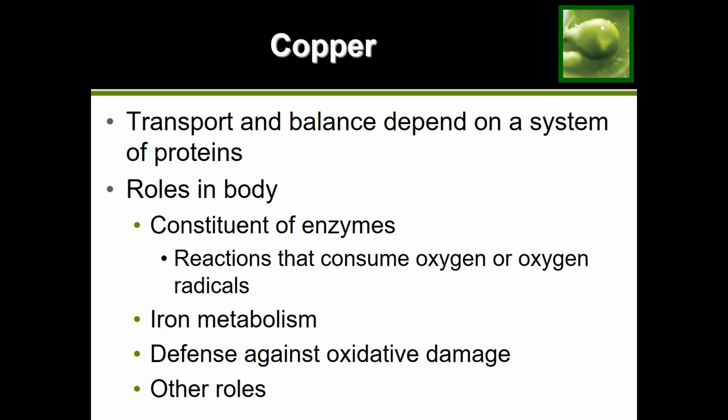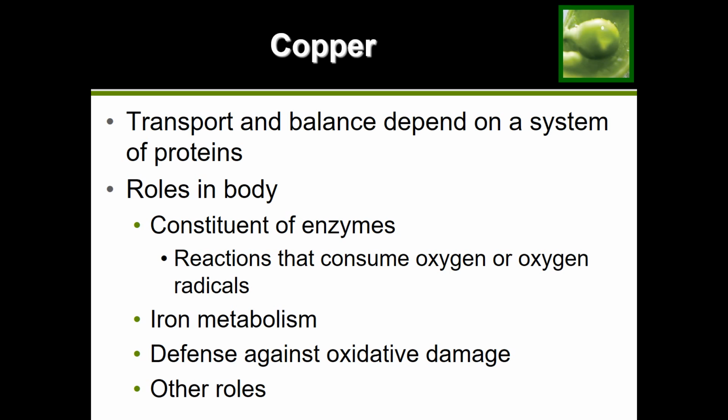Remember, iron needs to be transported using the transport protein transferrin, but without copper, it's not able to do that. So it normally wouldn't be able to leave its storage to go to where it's needed if copper wasn't available. So that's a really important role, helping iron be transported throughout the body.